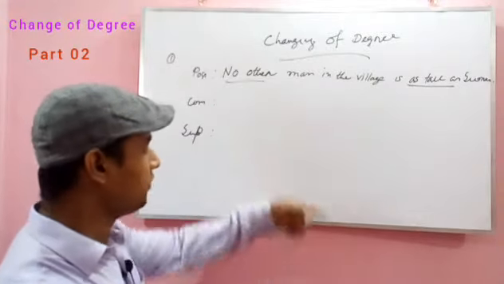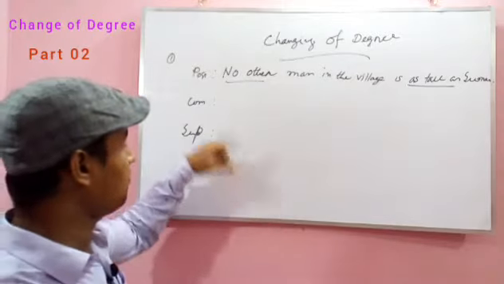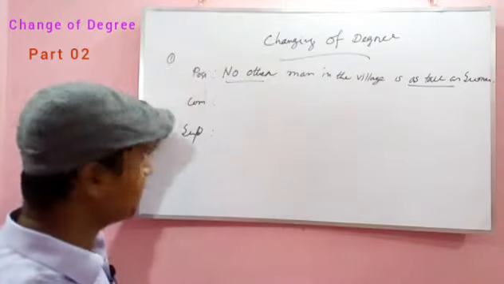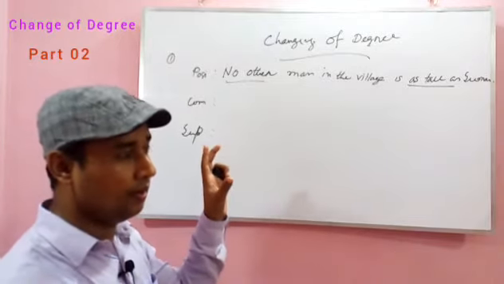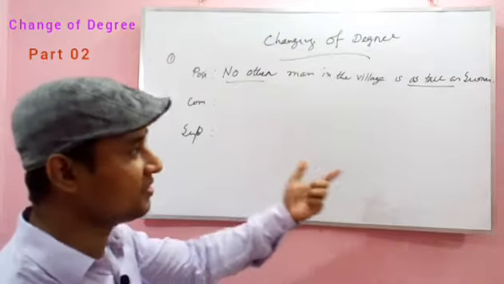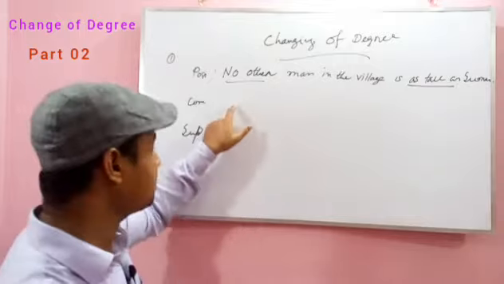So when you change from positive to comparative or superlative, when you find a positive degree sentence, you will change the position of the subject. It goes to the first position.